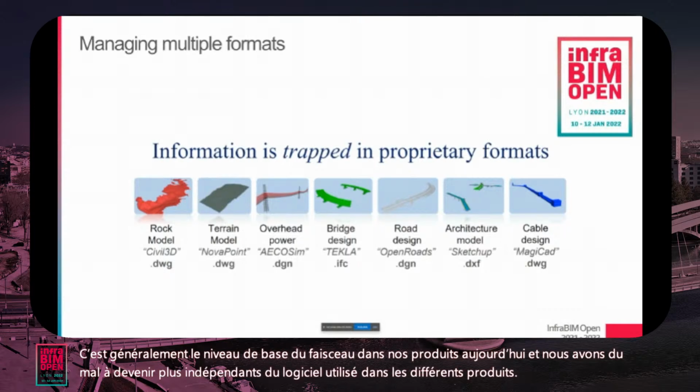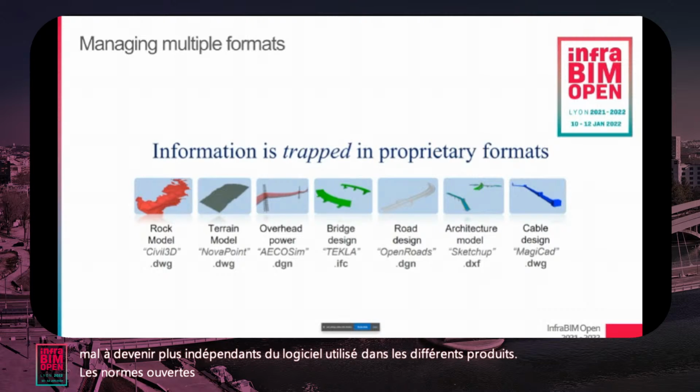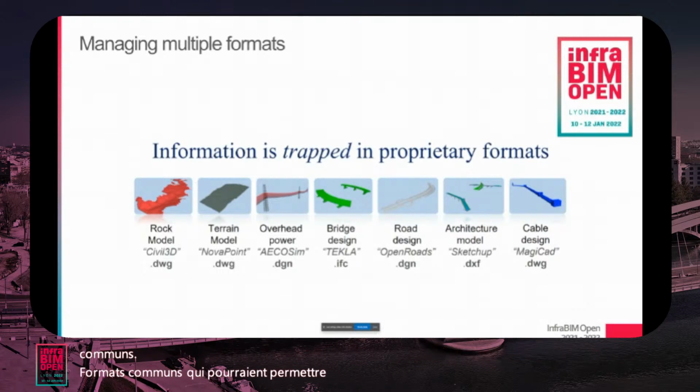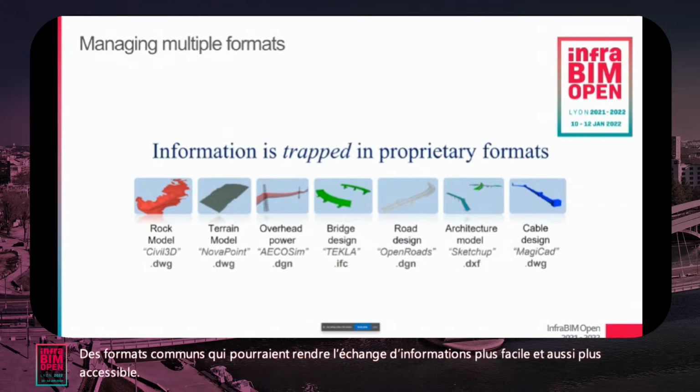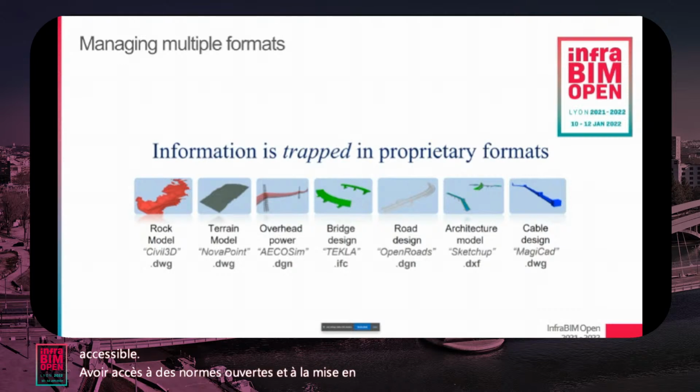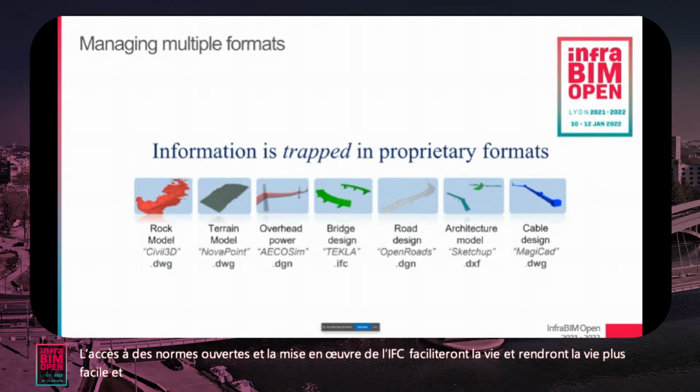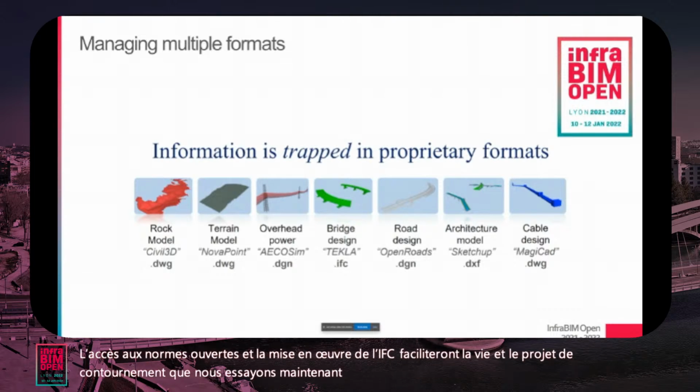Open standards are not yet fully implemented, and we lack common formats that could make exchange of information easier and more accessible. Having access to open standards and the implementation of IFC will make life easier. For the bypass project, we are now trying to transfer data from proprietary formats to IFC 4.3.